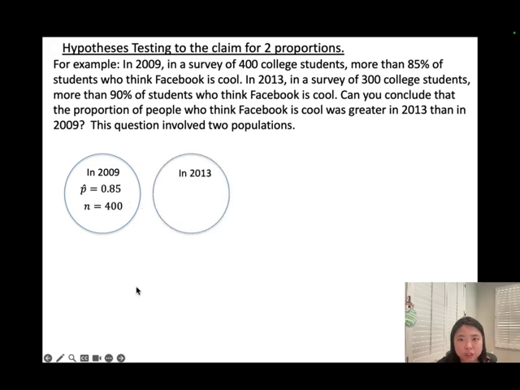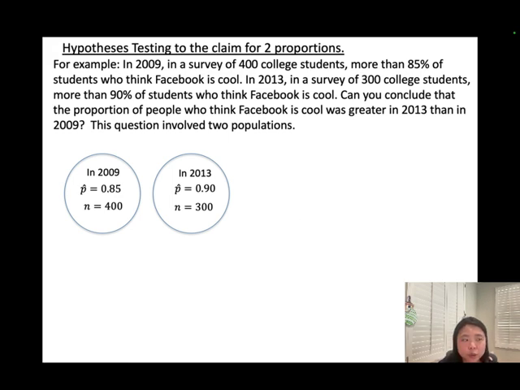Another year, 2013: this time the sample is 300 college students, and the sample proportion is 90% who think Facebook is cool. Can you conclude that the proportion of people who think Facebook is cool was greater in 2013 than in 2009? You can see these questions involve two populations.